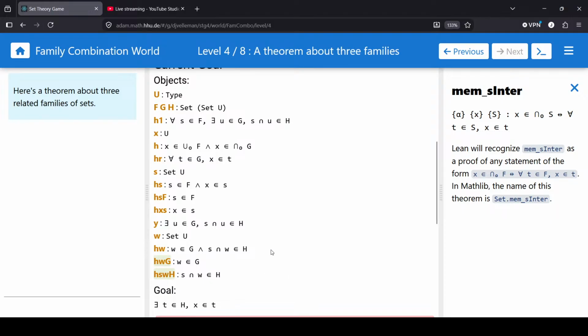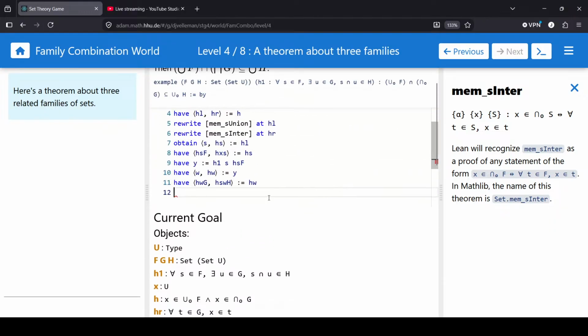Okay, so actually maybe we should go with X as an S. Oh, why don't we just use S? Because I think that I can actually prove that.